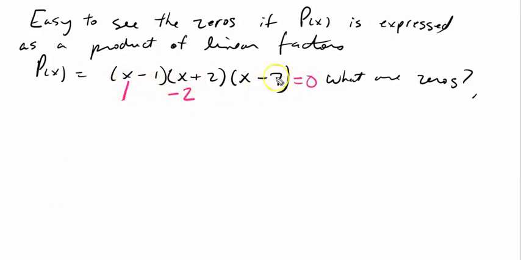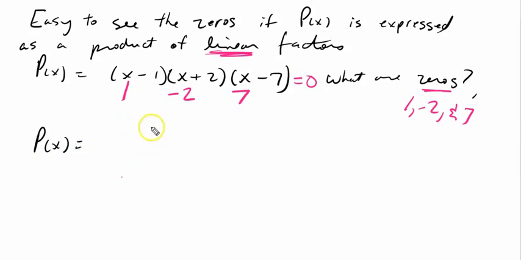If x is negative 2, it makes the whole thing 0. So the zeros are 1, negative 2, and 7. Okay. Now, if it's expressed as a product of linear factors, that's easy to see. What if it's not? What if it's only partially factored?